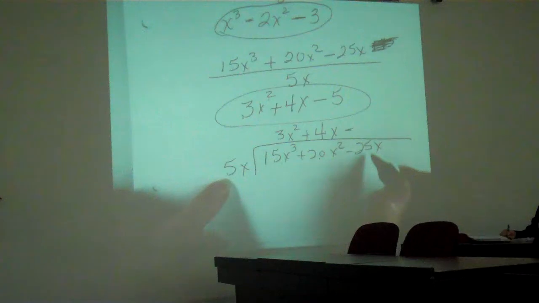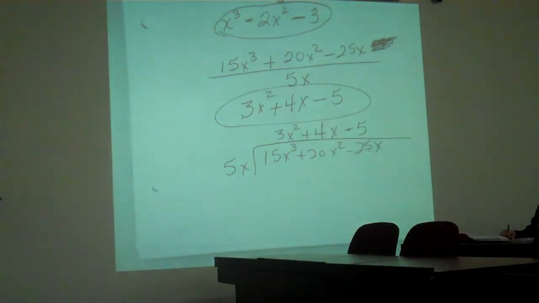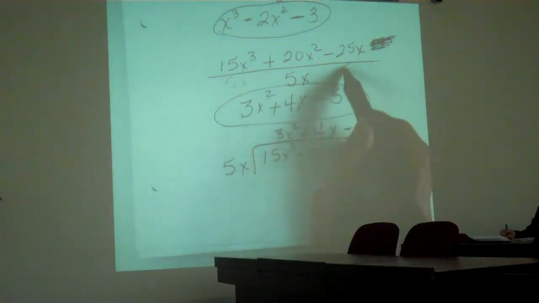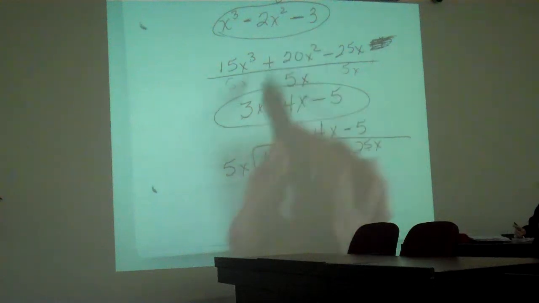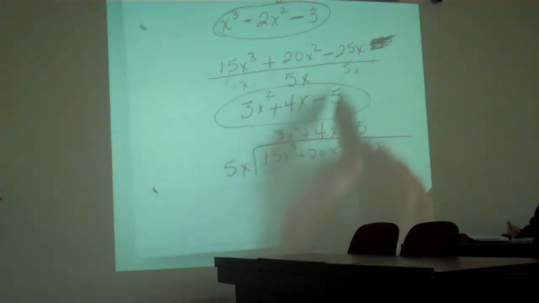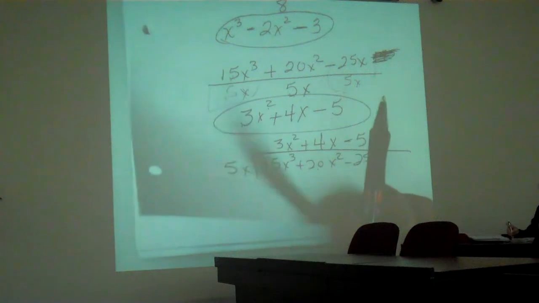And then minus 5 times 5 is 25. Or you could put it under each one of the terms so that you see where each term will come from.